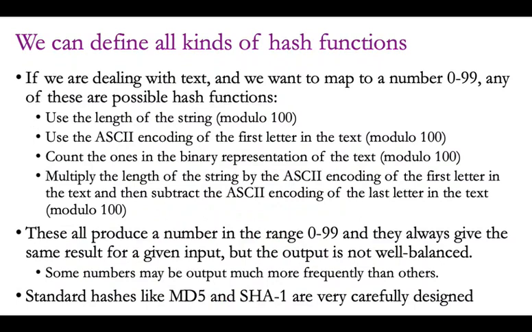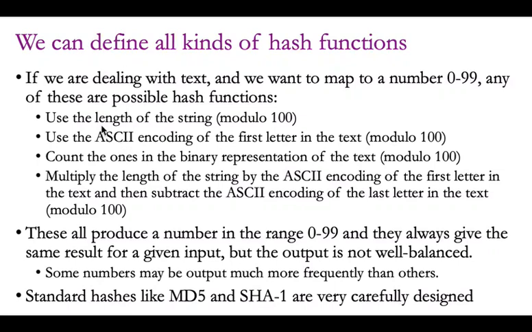So what is a hash function? It's just some function that takes an input and produces an output that seems kind of arbitrary, but it's consistent: the same input gives the same output. So, for example, if we're dealing with text and we want to map to the numbers 0 through 99, a hash function would output some number between 0 and 99 for every input in some way that's consistent, but somehow pseudo-random.